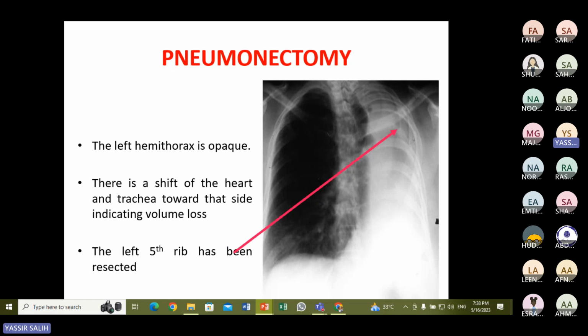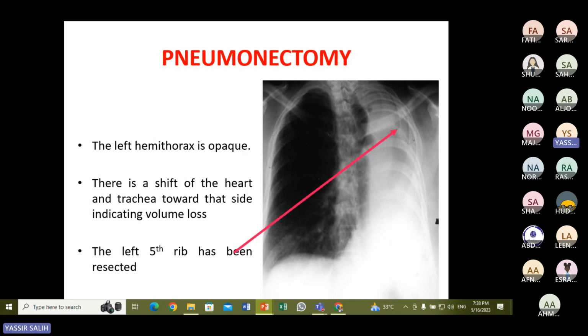The radiological manifestation of pleural effusion on chest X-ray. I talked about it yesterday too. According to the amount of effusion, it could be what or what? Opacity.